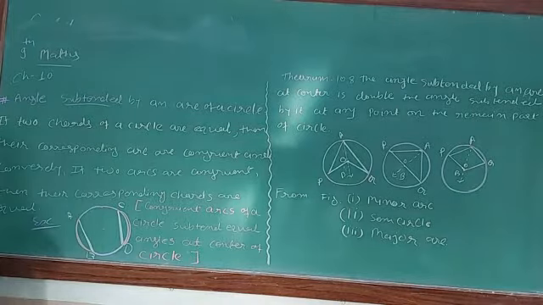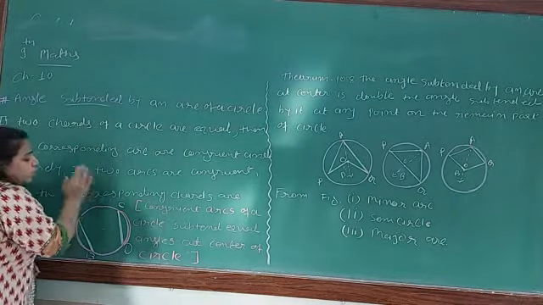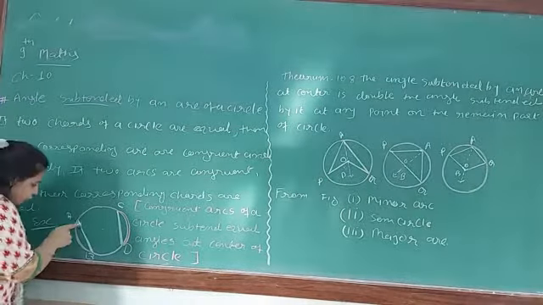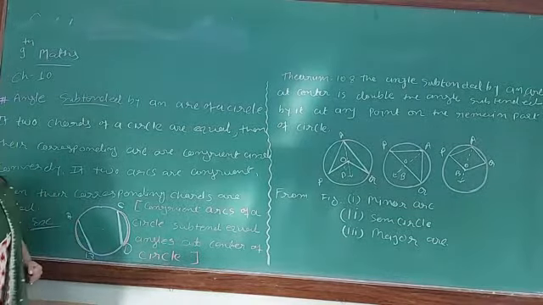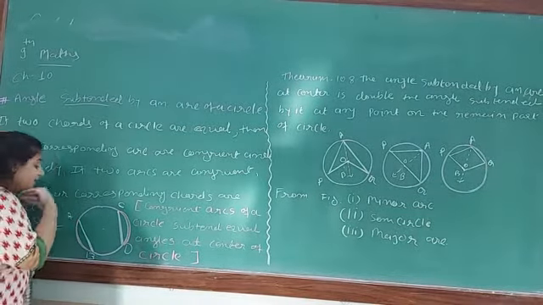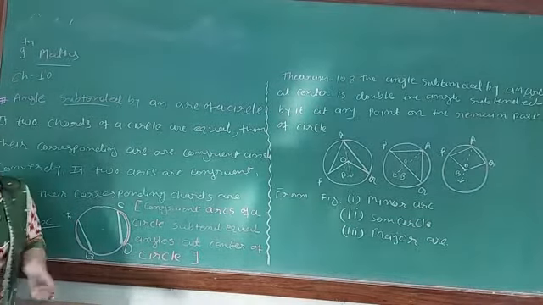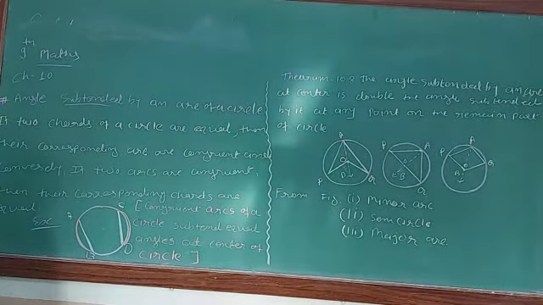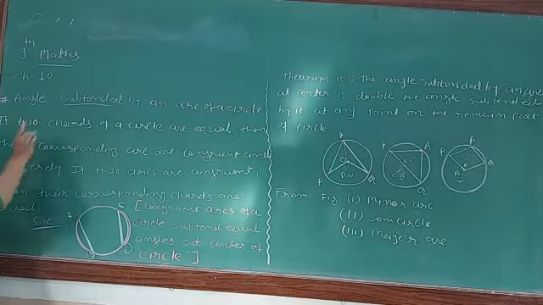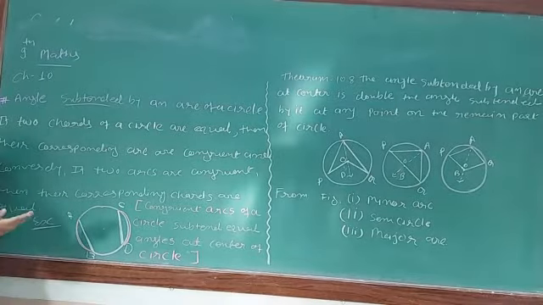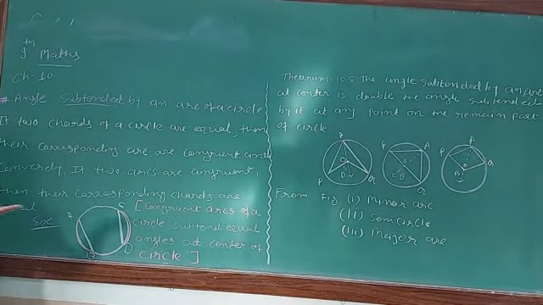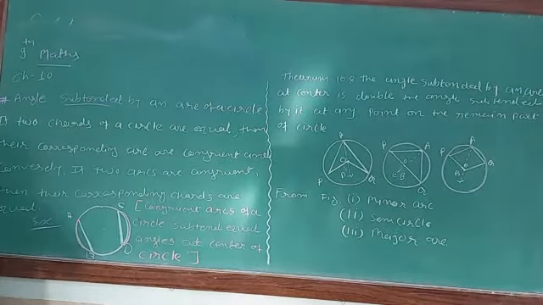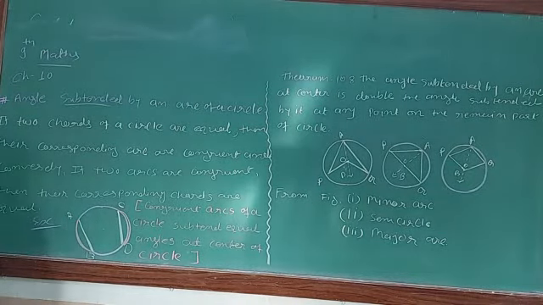If chords are equal, that means arcs are equal, and if arcs are equal, that means chords are equal. If they ask such a question, you have to remember that theorem. If the chords are congruent, then automatically arcs are equal, and if arcs are equal, automatically chords are equal.